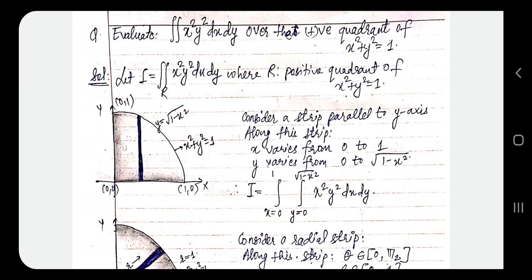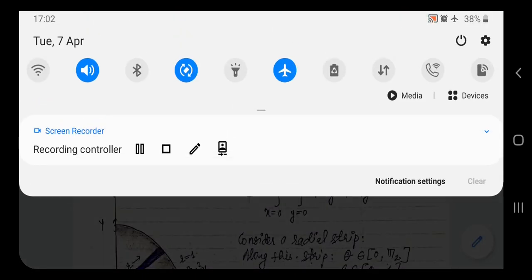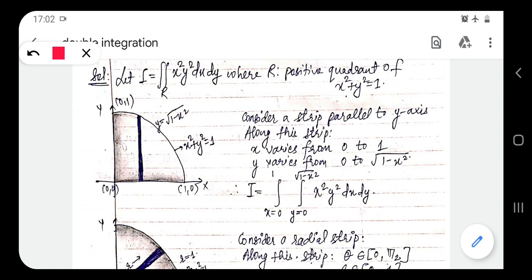Now there are two or three ways to solve this question. First is, I can draw the graph of the domain where I have to carry out this double integration. So this represents a circle and I'm evaluating that double integration in the positive quadrant, the first quadrant.